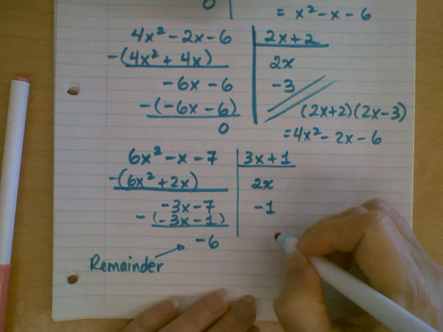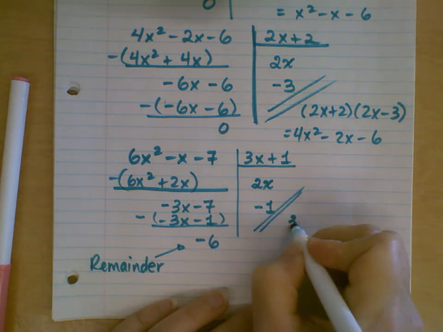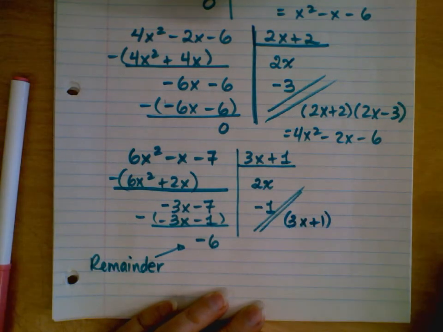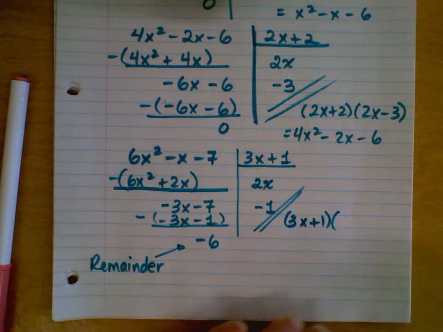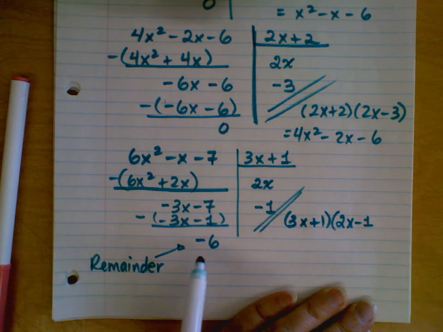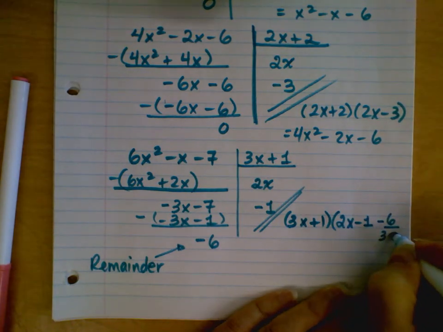So in order to represent that result, I would write 3x plus 1 times 2x minus 1 and minus 6 divided by 3x plus 1.